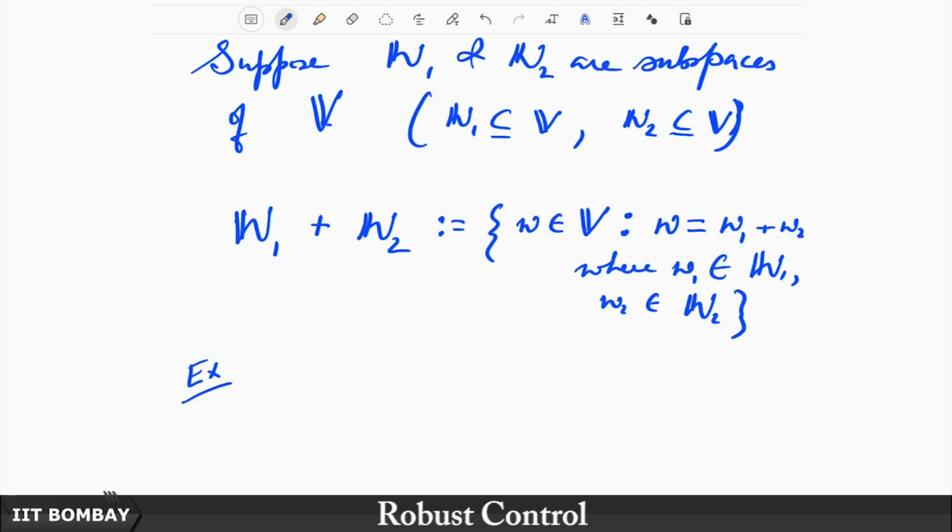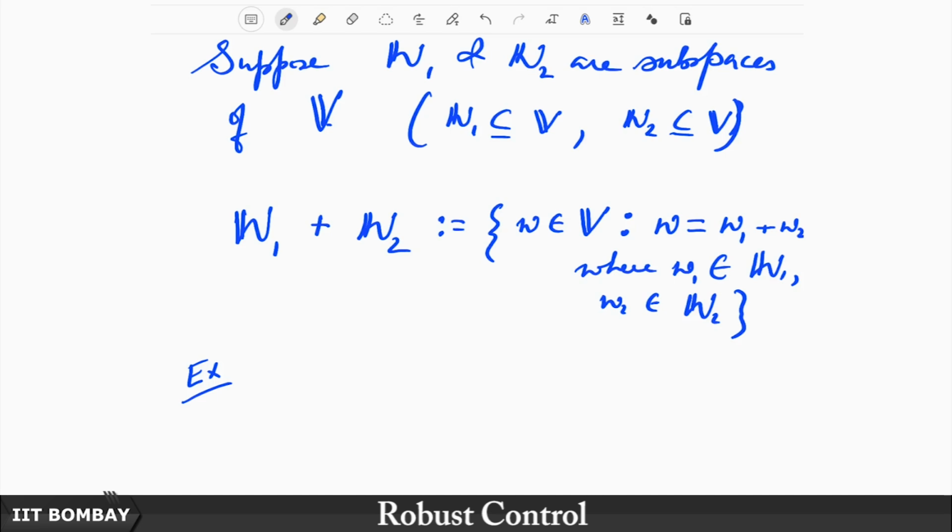What do you have to check in order to do that? Recall that in order to verify that a particular object is indeed a subspace, that is W1 plus W2 is indeed a subspace, you have to pick out any two fellows in W1 plus W2 which satisfy this definition that I have just written down, take their linear combination. So, alpha 1 times the first vector plus alpha 2 times the second vector, where alpha 1 and alpha 2 are scalars, right.